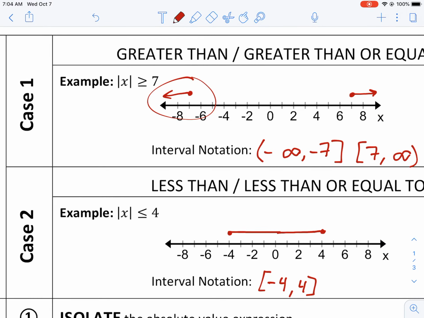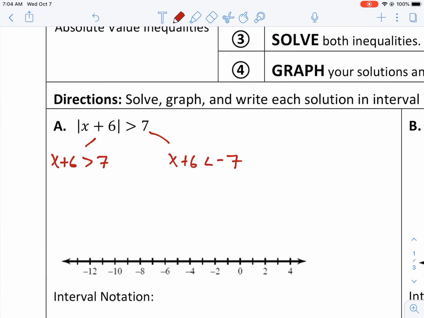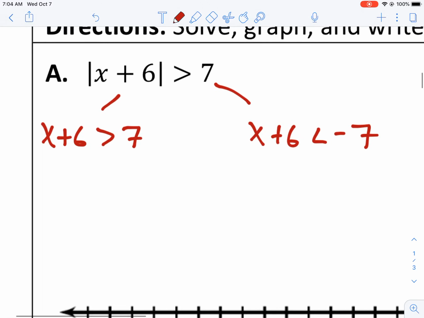The negative case flips and it goes the opposite direction as what the positive case did, just because you're taking those more negative values and turning them into higher positive values. So you split it up, your negative case, you flip the sign, and then you just solve like normal.